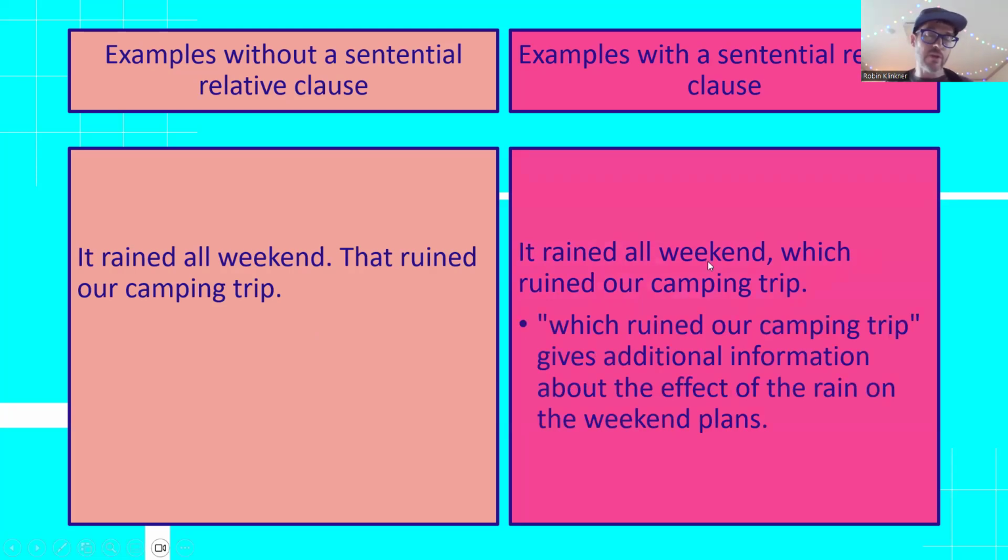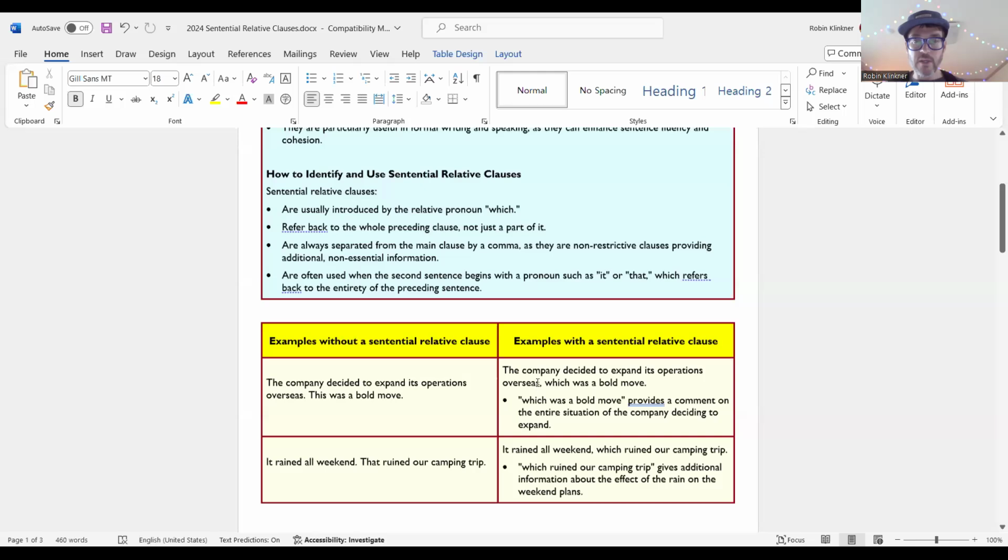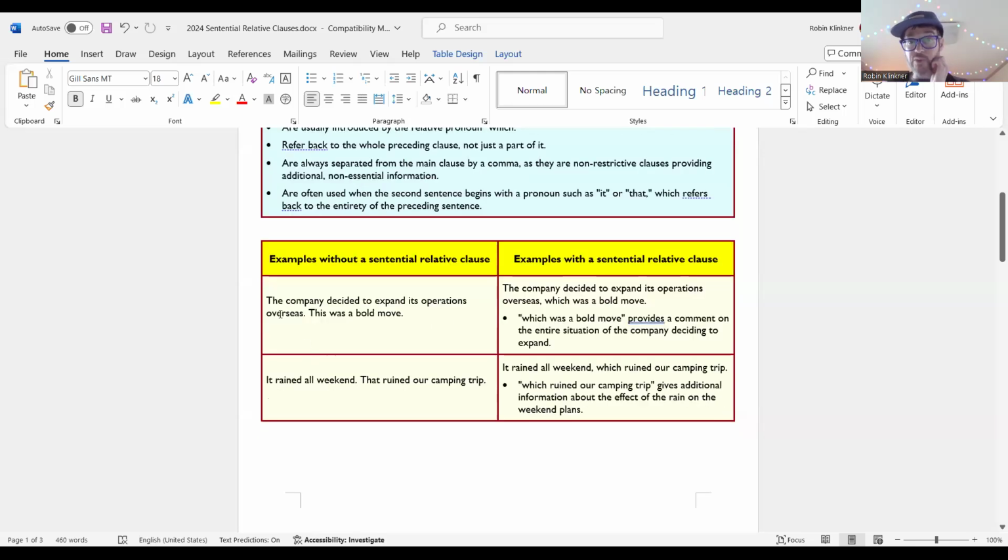A lot of the time it's very simple to convert two sentences into one using a sentential relative clause. In the examples we just looked at, all we had to do was replace the period with a comma and the pronoun this or that with which.